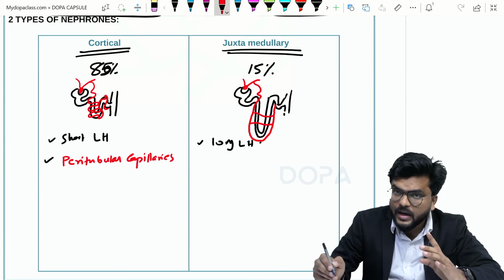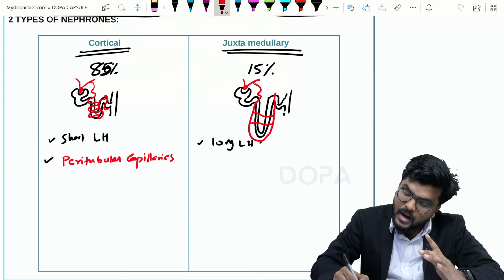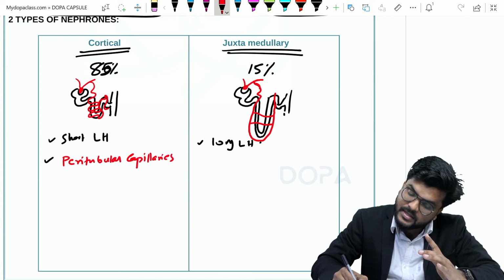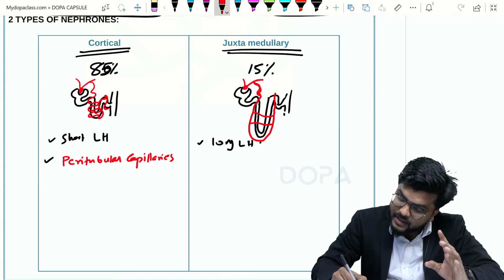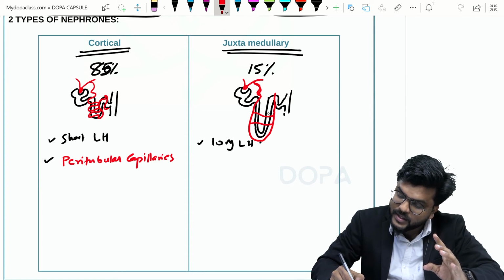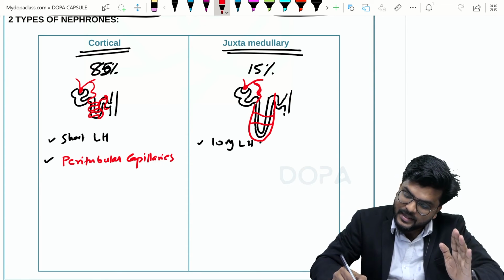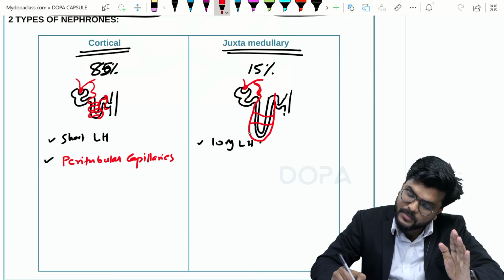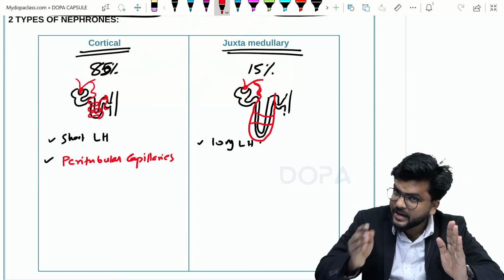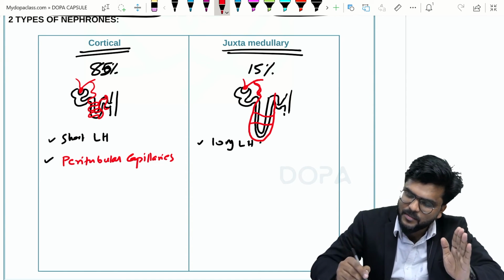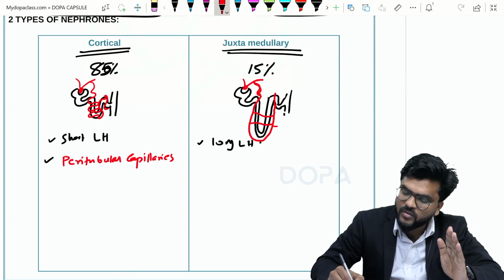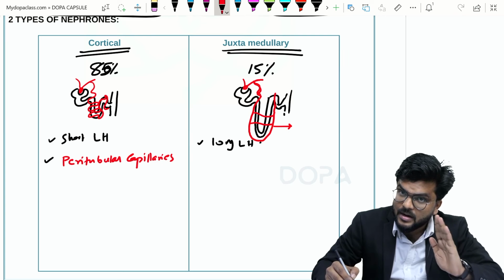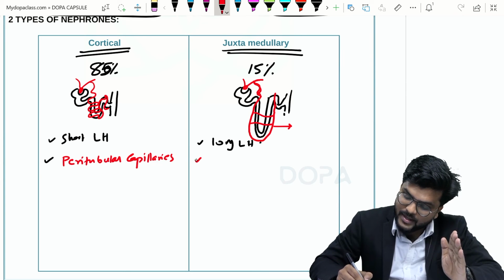That is, the efferent arteriole splits into the peritubular capillaries, which are arranged in a specific form so that two limbs are present. The two limbs of these peritubular capillaries are arranged in close proximity to both limbs of the loop of Henle, and this modification of the peritubular capillaries we call the vasa recta.